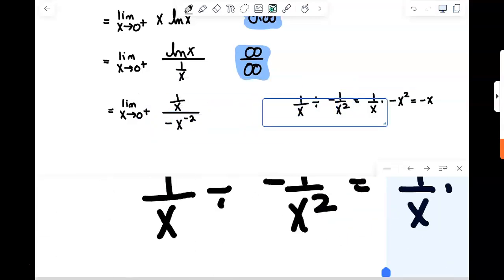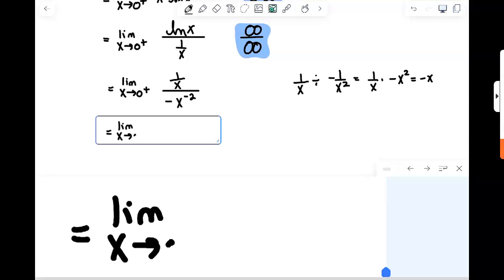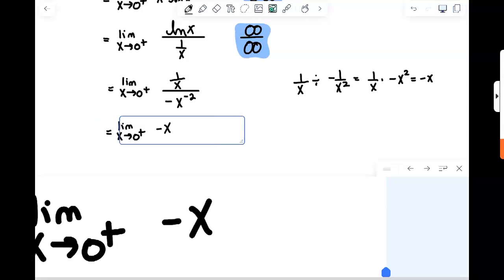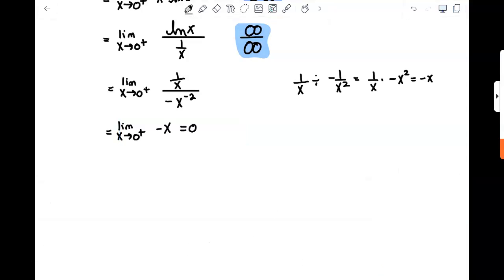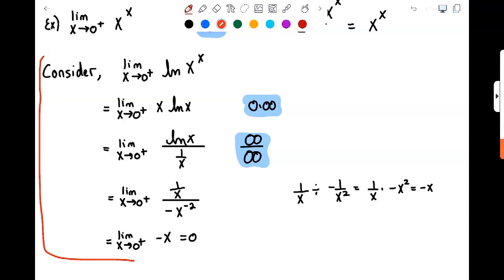So that fraction is just going to simplify to negative x, and now we have the limit as x approaches 0 from the positive direction of just negative x. And of course, we can just let x be 0. So at this point, we've worked out the limit involving this piece.